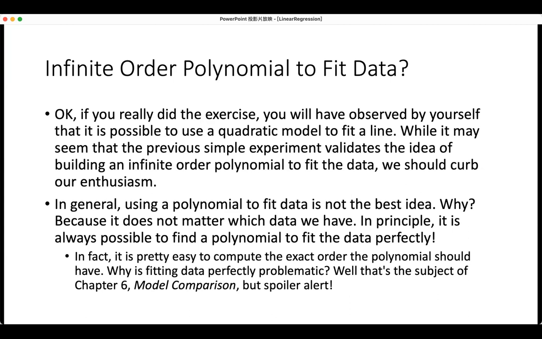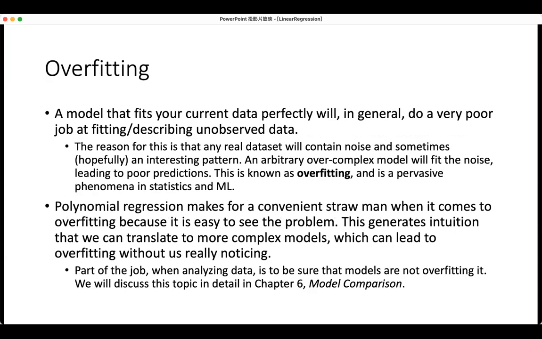Chapter 6 will talk more about this, but basically, a model that fits your current data perfectly will do a very poor job at fitting or describing unobserved data. This is called overfitting.